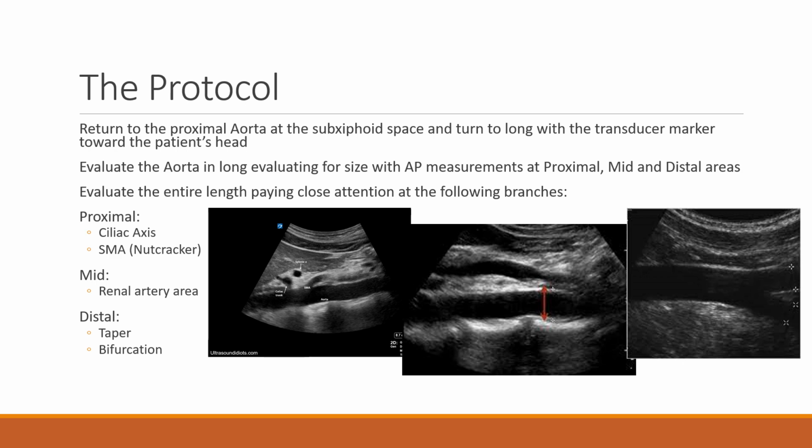Now you're going to have to evaluate the aorta in long, looking for size, measuring it, and assessing it for any dilatation. Now, long can be a little bit more challenging to keep your aorta within your image, especially if you tend to have a wandering hand like many of us do when we're first starting scanning. The IVC is going to lay just to the left of the aorta.